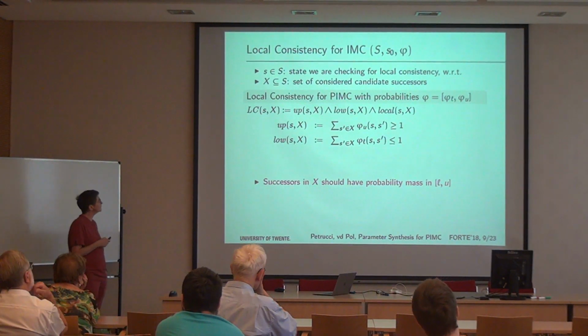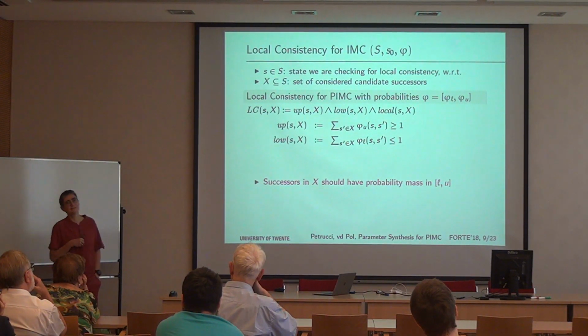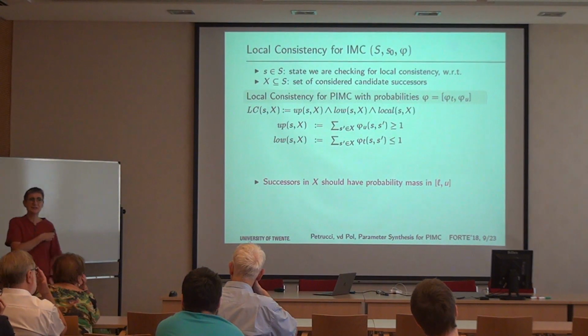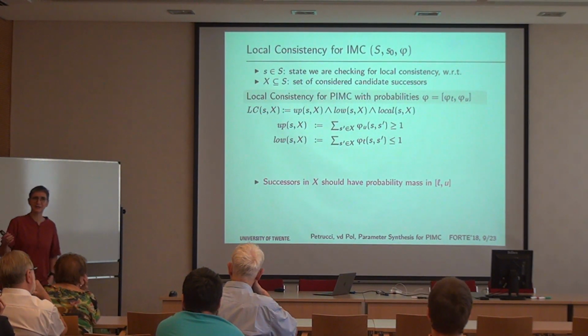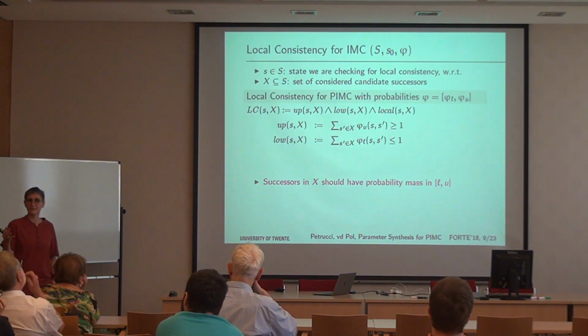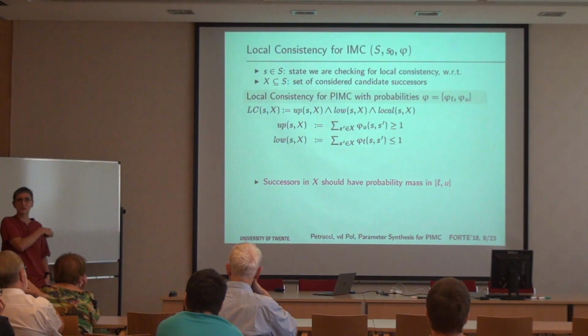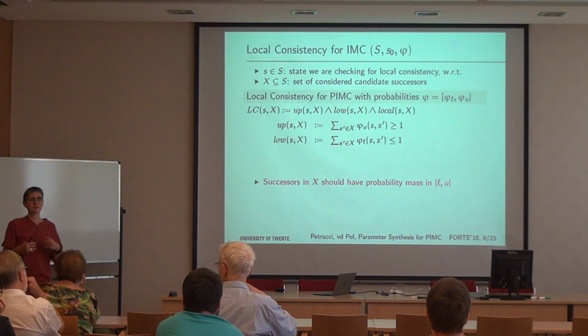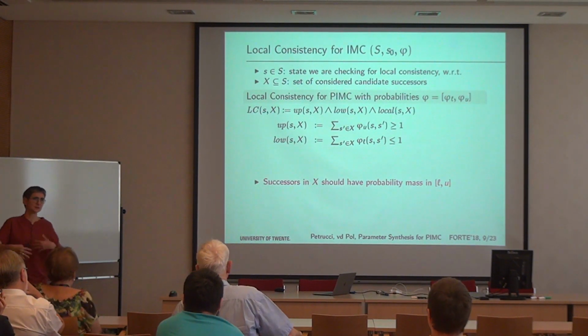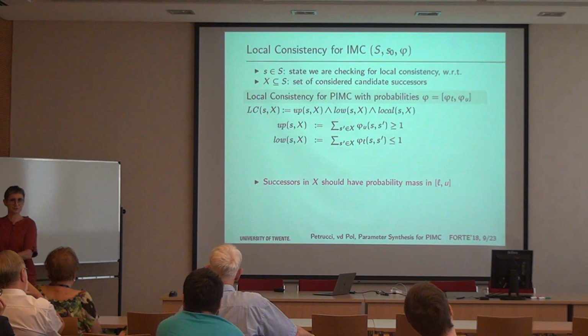In defining the consistency, we'll look at it considering a set X of candidate successors. We have seen in the example before that state 4 was not possible as a successor of state 2. So basically here it will help to say, well, from state 2 I can go to my successors but not 4, because it won't be in this set X.